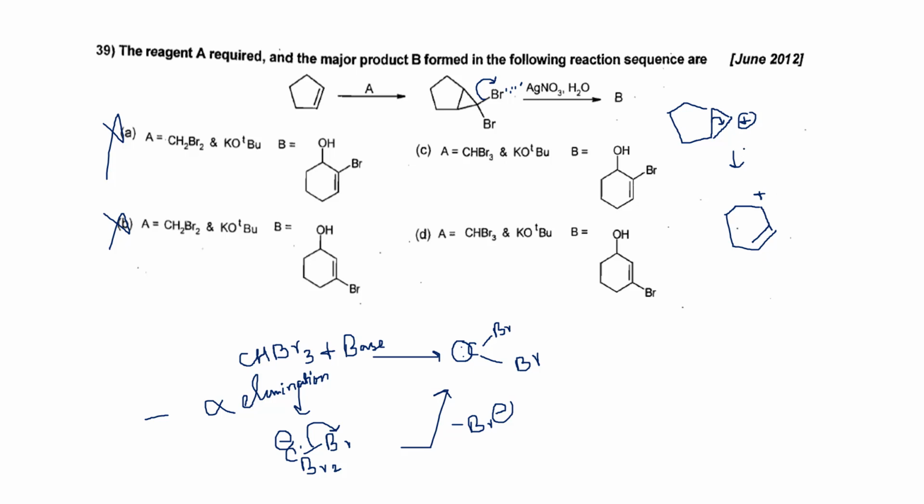So this becomes 2 degree, unstable, whereas this gets some stability due to conjugation. So this is stable.